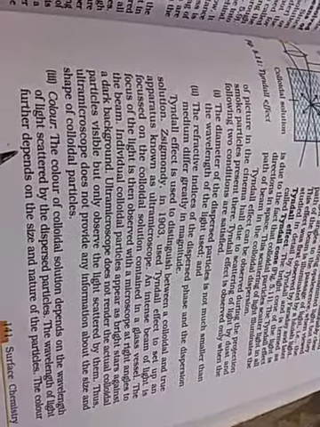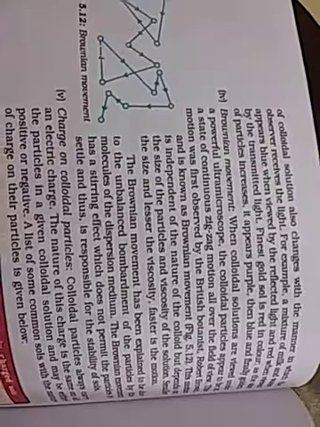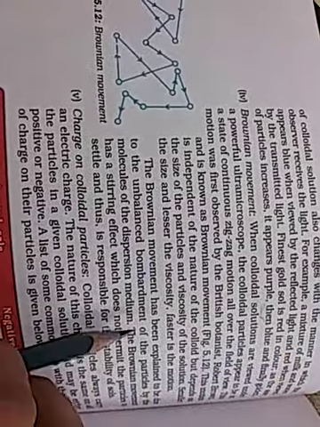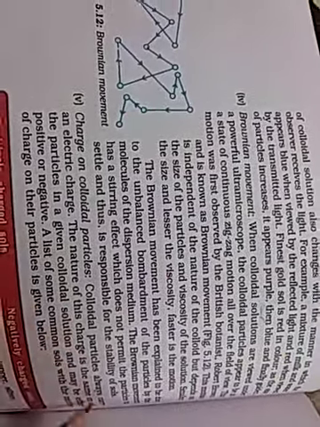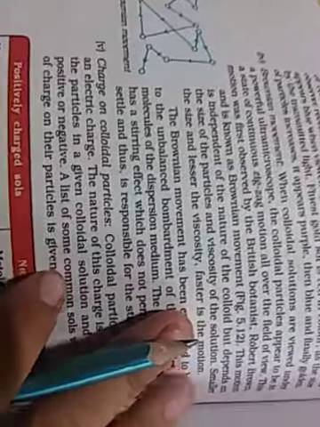Then the third property is color. The color of the colloidal solution depends on the wavelength of the light scattered by the dispersed particles, which depends on the size and nature of the particles. For example, a mixture of milk and water appears blue when viewed by reflected light and red when viewed by transmitted light.